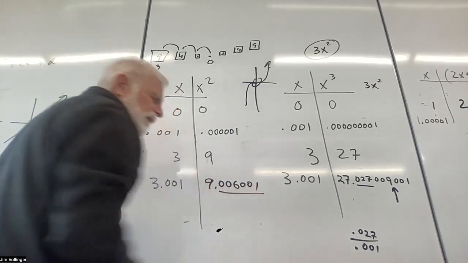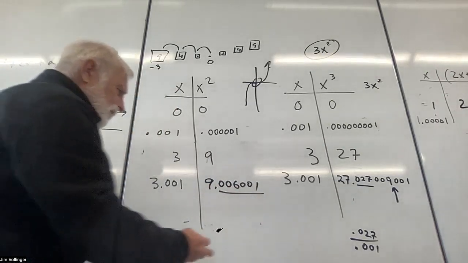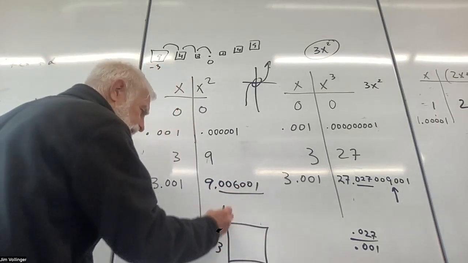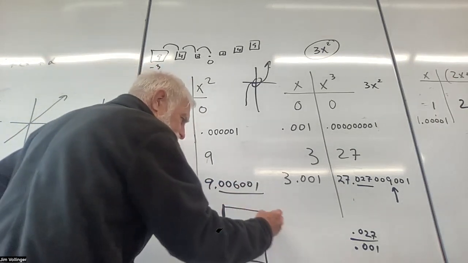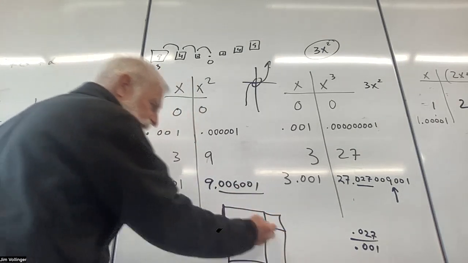9.006001, and you should look at that relationship. It's not accidental. It comes from the geometry of a 3 by 3 changing by 0.001, which I have to draw, but it's a very small change, so it's like layering.